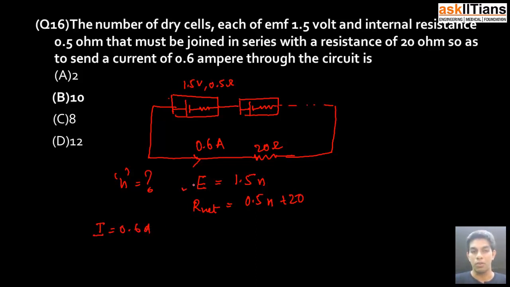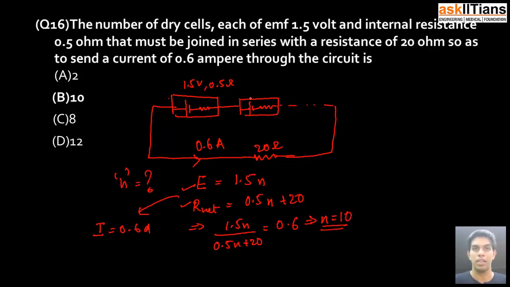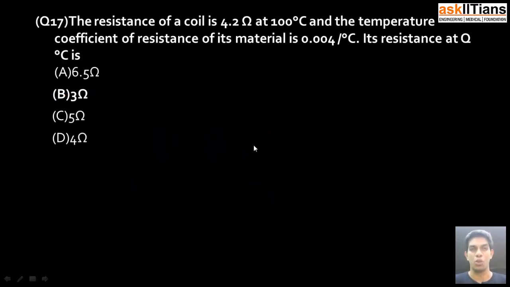So we use the values of E and R and relate it to I, that is 1.5 n divided by 0.5 n plus 20 gives me 0.6. By solving this equation, we find that n is equal to 10. So we need 10 dry cells to extract 0.6 ampere when connecting those cells to a 20 ohm resistance. So B is the correct answer. Moving on to the 17th question.